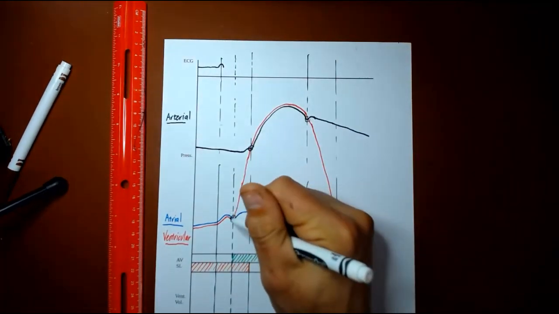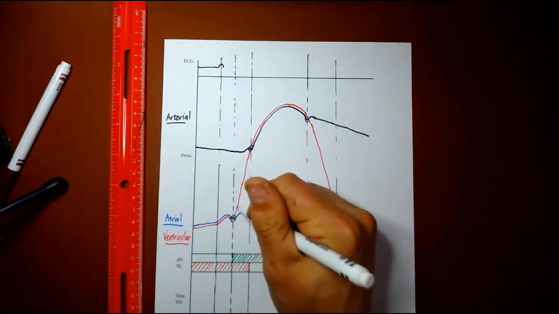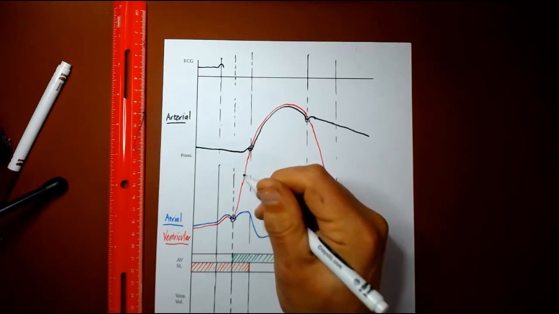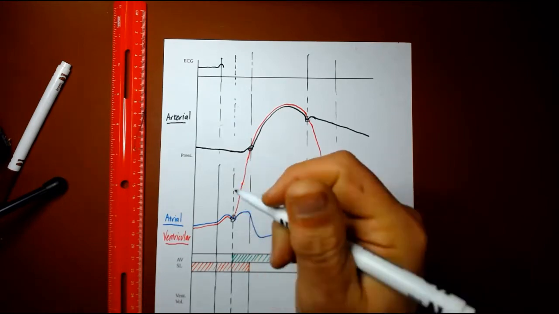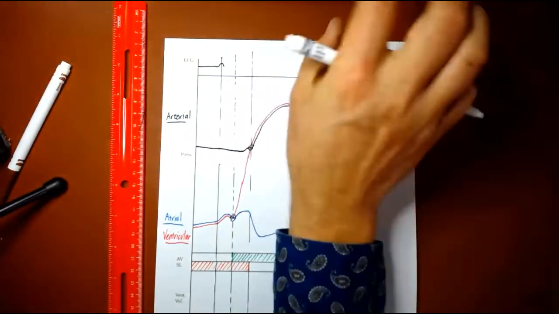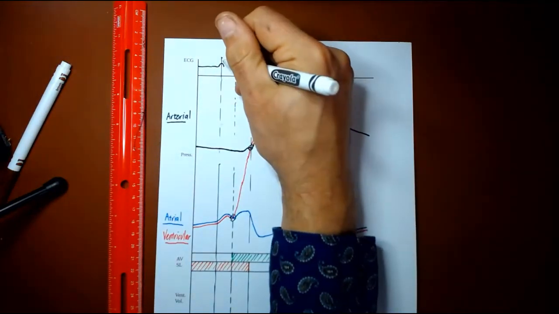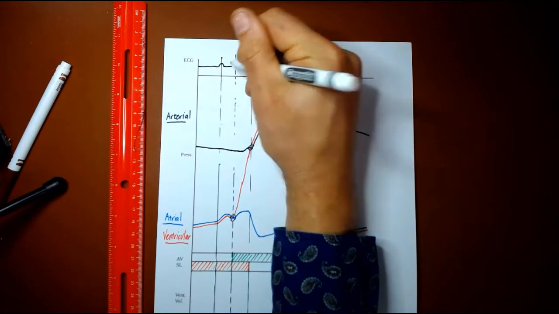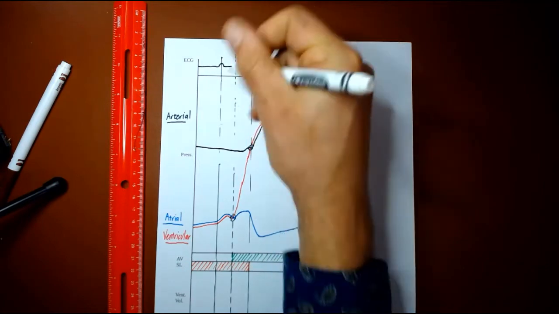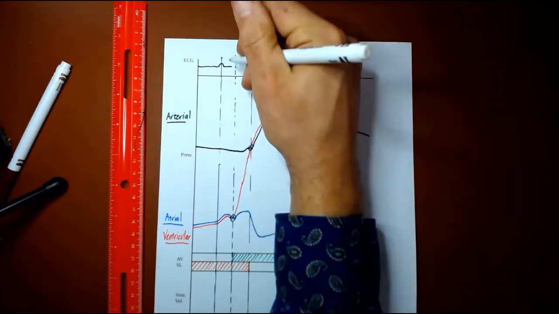Another event we can put in is that the contraction of the ventricles should line up with the R wave, this beginning of this contraction. Remember, the R wave is the spread of the action potential through the ventricles, which is the thing that starts their twitch. So our R wave should be lined up with this line, which is the beginning of isovolumic contraction.